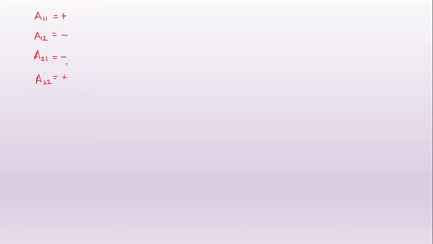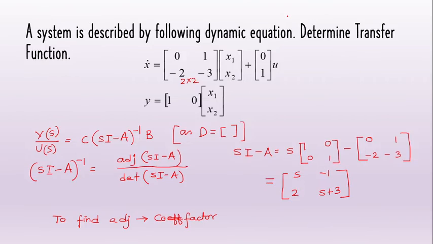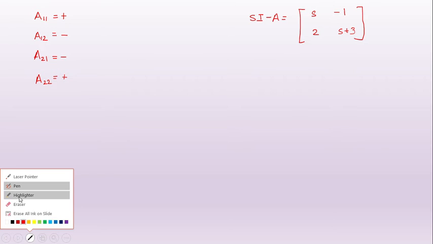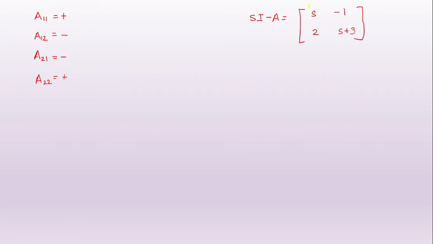Now how are we going to get the cofactors? For that I am writing sI minus A again. Our matrix was S minus 1, 2 and S plus 3. Now A11, that means first row, first column.